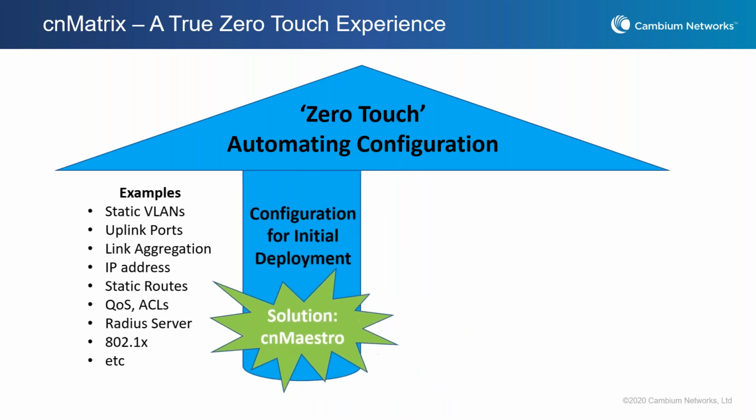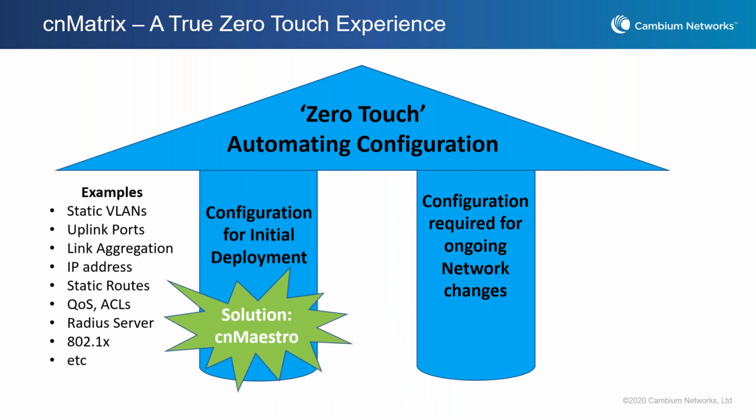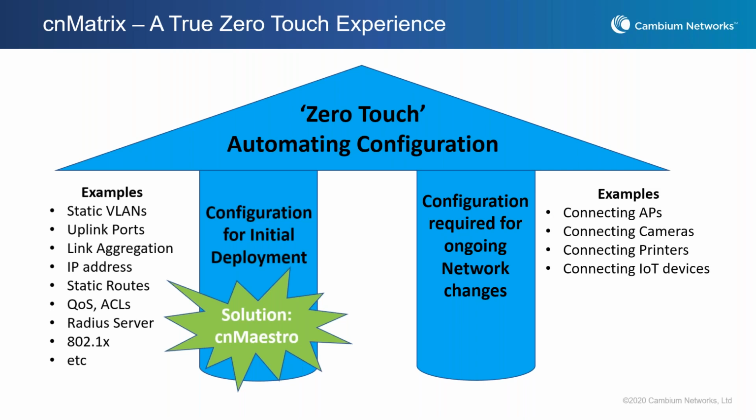The second half of zero touch for me is what about the day-to-day ongoing operations, the day-to-day configuration that is required. So as you connect devices, as you remove devices, right? So you connect access points, you connect cameras, you connect printers, or if you start talking about IoT, then there's thousands of examples.